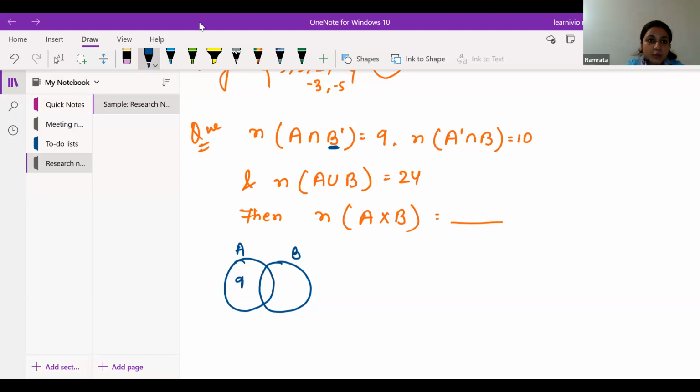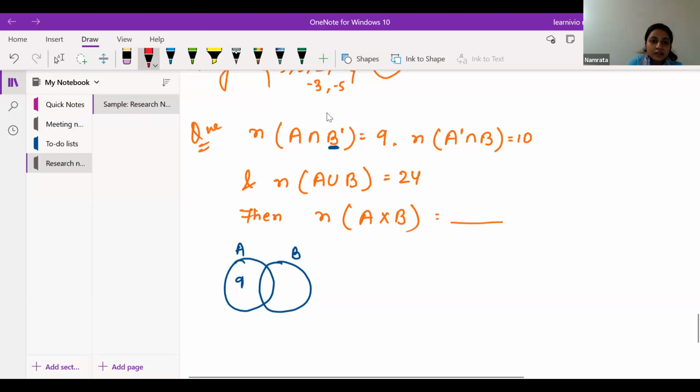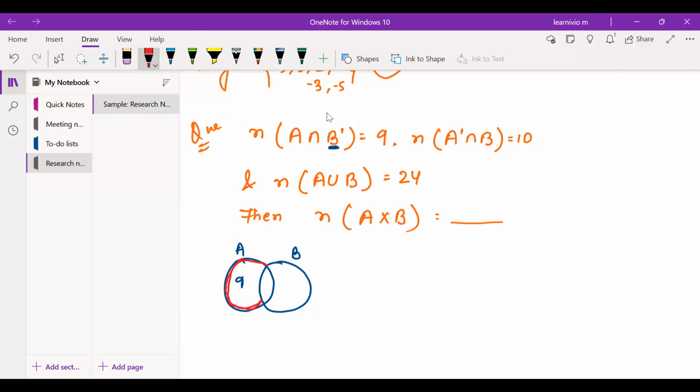Let me mark it properly. Only this red part of A, we can say, is having 9 elements, right? Excluding B, right? Yes, ma'am.